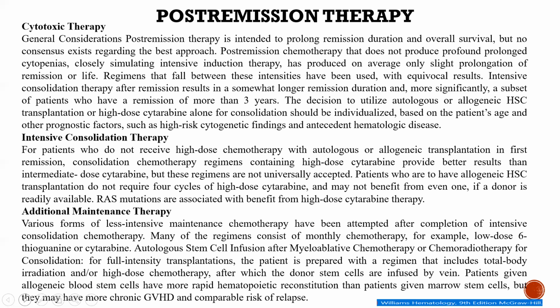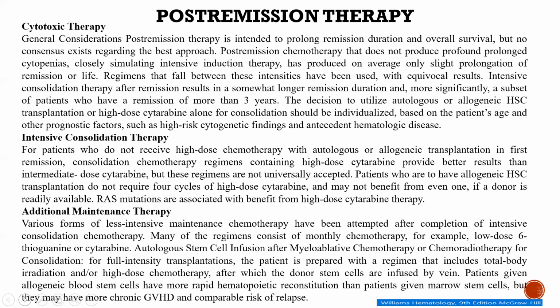Various forms of less intensive maintenance chemotherapy have been attempted after completion of intense consolidation chemotherapy, and many of the regimens consist of monthly chemotherapy, for example, low doses of 6-thioguanine or cytarabine. Autologous stem cell infusion after myeloablative chemotherapy or chemoradiotherapy for consolidation consists of full intensity transplantation.